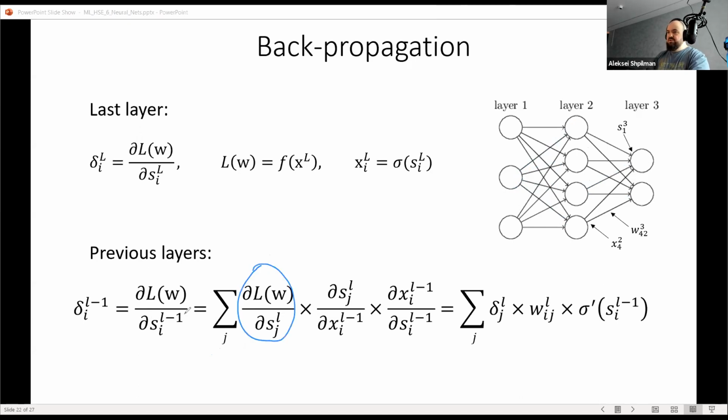We just change the index and that's it, so this is a delta that we already know. This is a W, the derivative of S over X, it's just a W. We know that too. And this is the derivative of the sigmoid function over the previous S, because X, again, is just a sigmoid of S in the same layer.